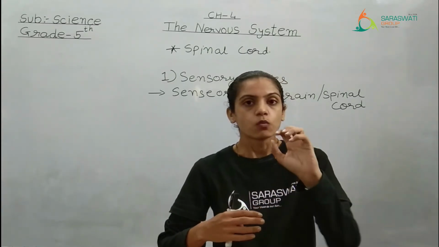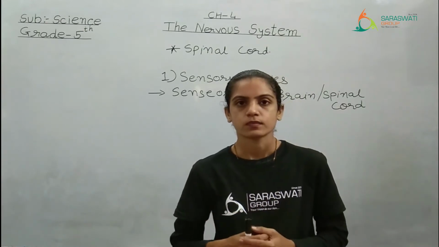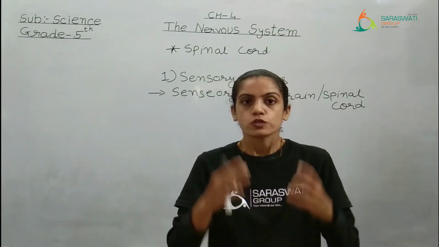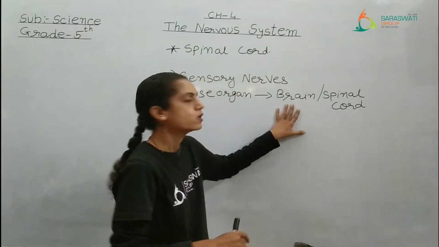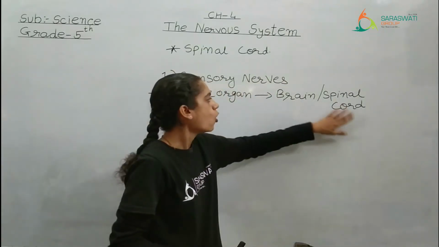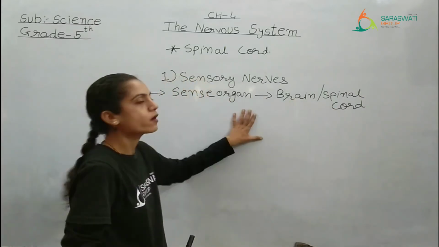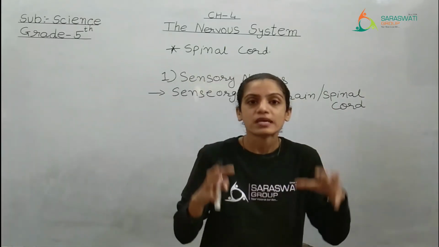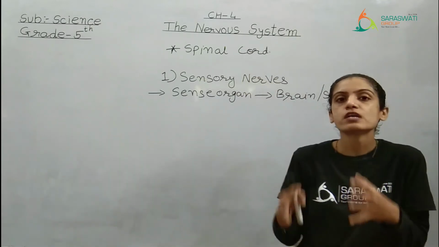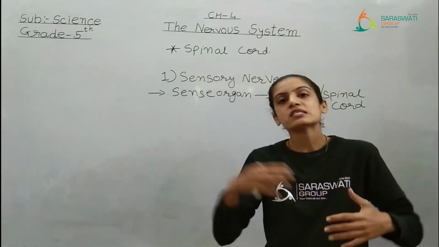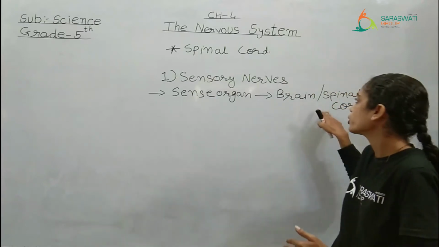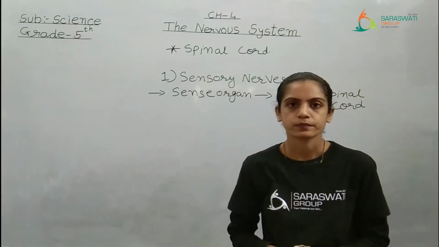That means what is being cooked? Who is that person? So answer you will get from what? Either from brain or from spinal cord. Right? So sensory nerves are taking the messages from the sense organ and then they are passing it to brain or spinal cord.